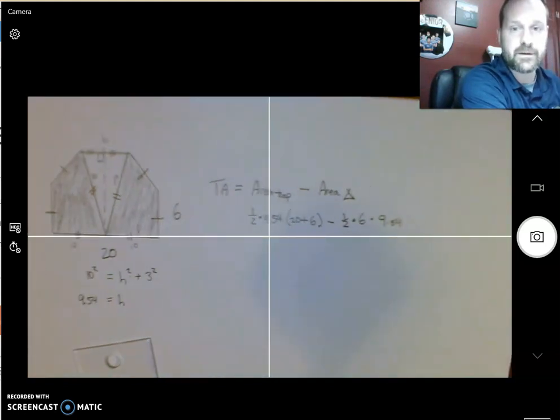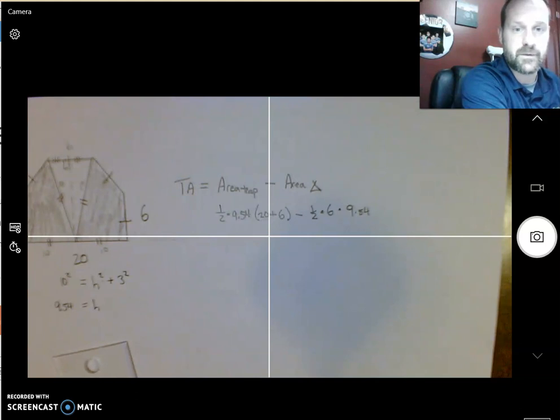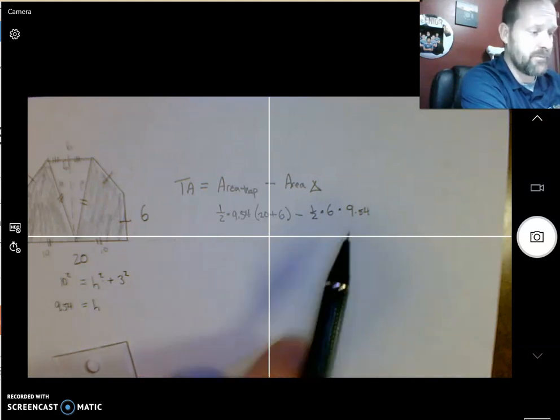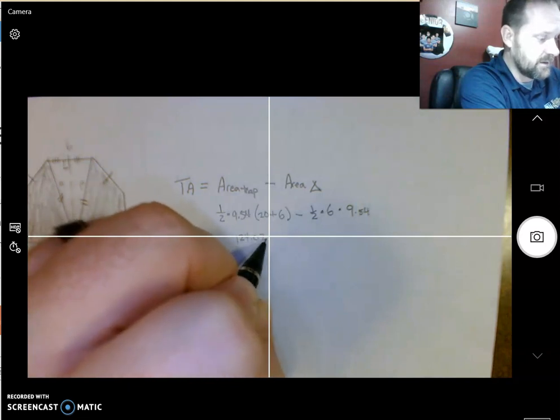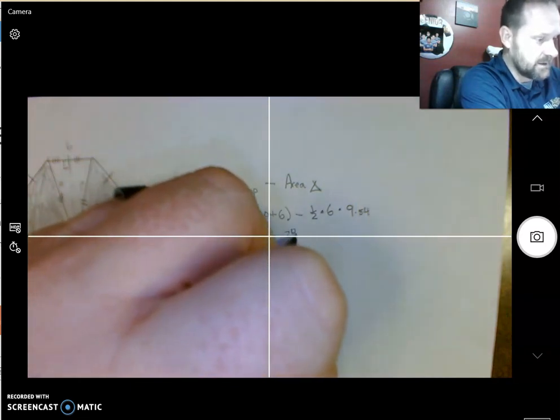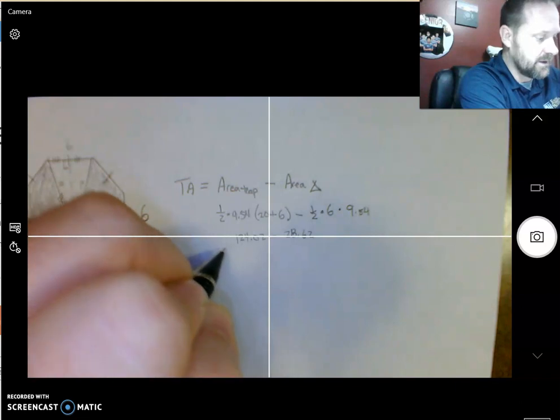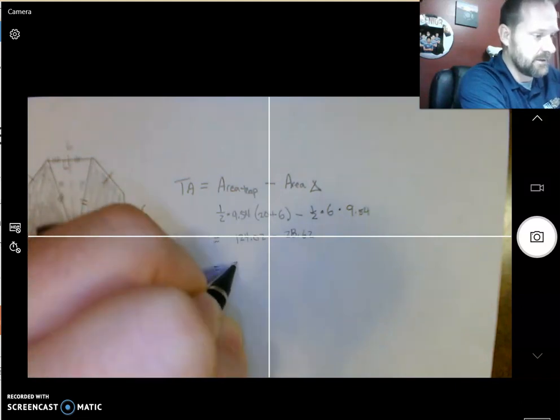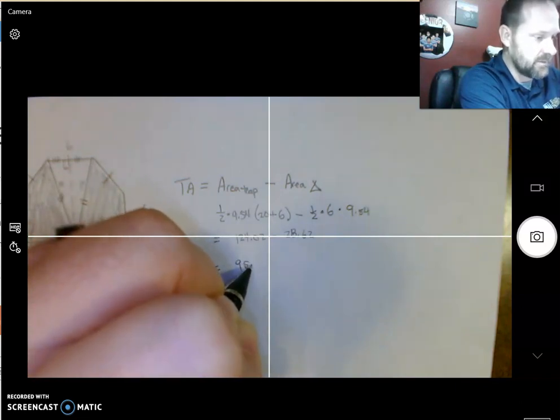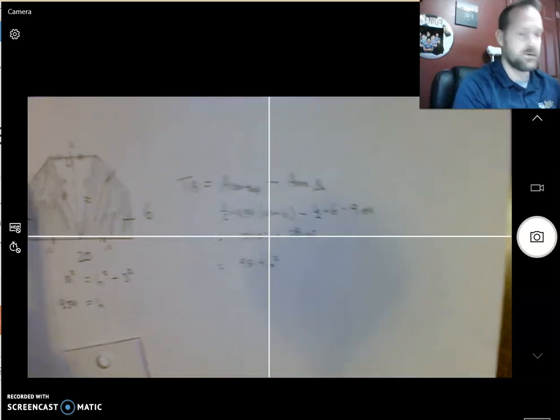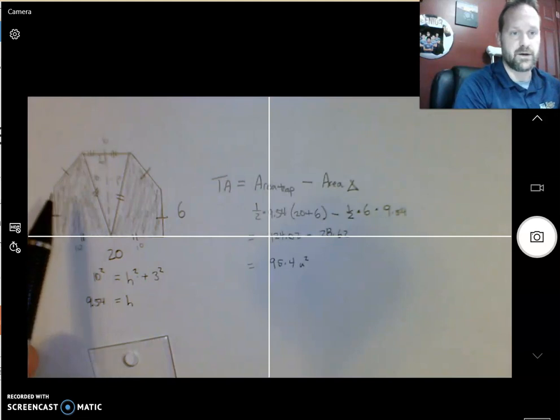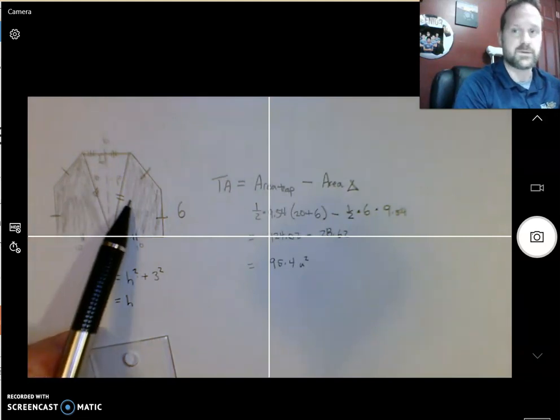Okay, my writing skills are going as I'm watching the clock go down. So punching these values in, I got 124 minus 28.62. You can do this all on your calculator. And then the total area should be 95.4 units squared.